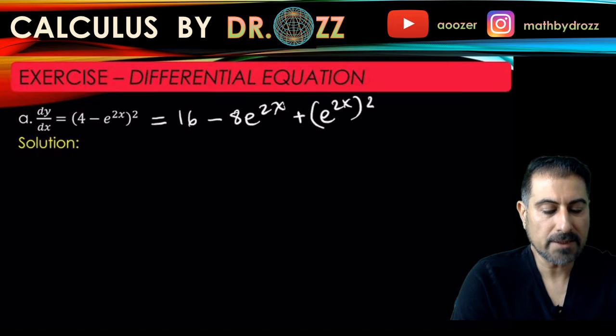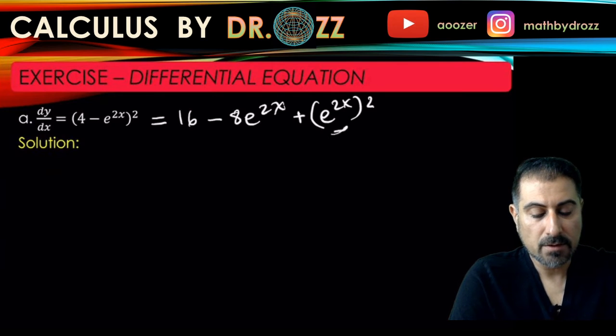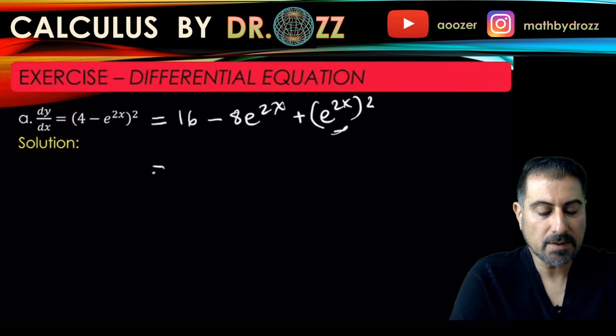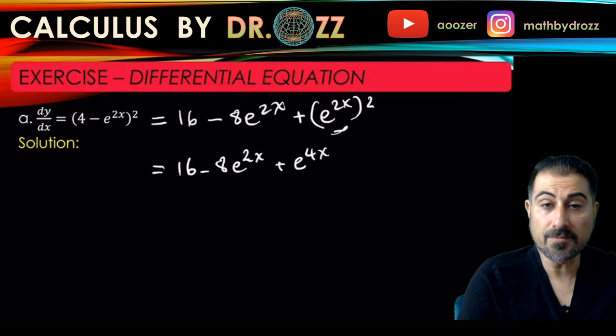When you have an exponential function already raised to a power, you just multiply the exponents. So you have 16 minus 8 e to the 2x plus e to the 4x.